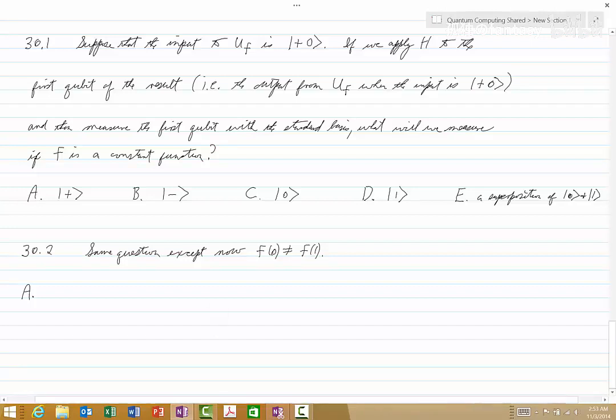And on 30.2, we'll have exactly the same choices. B minus, C 0, D is 1, and E will be a superposition of 0 and 1.